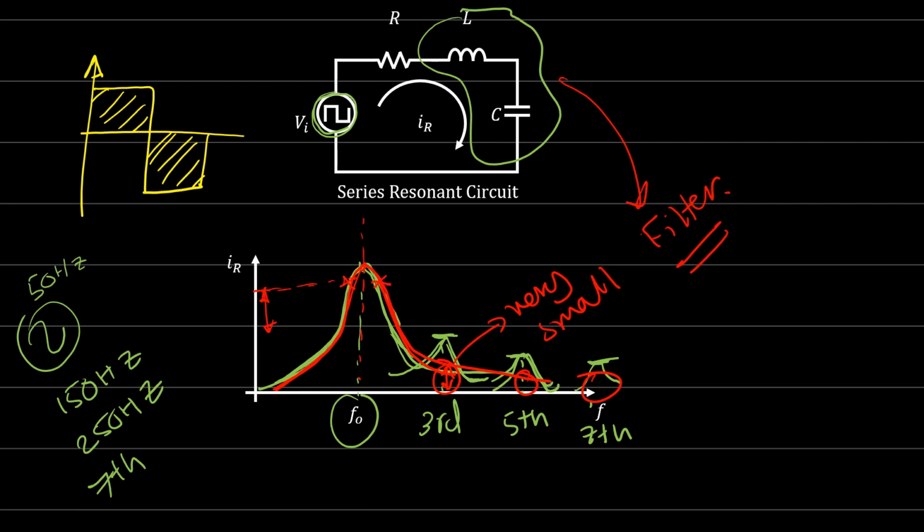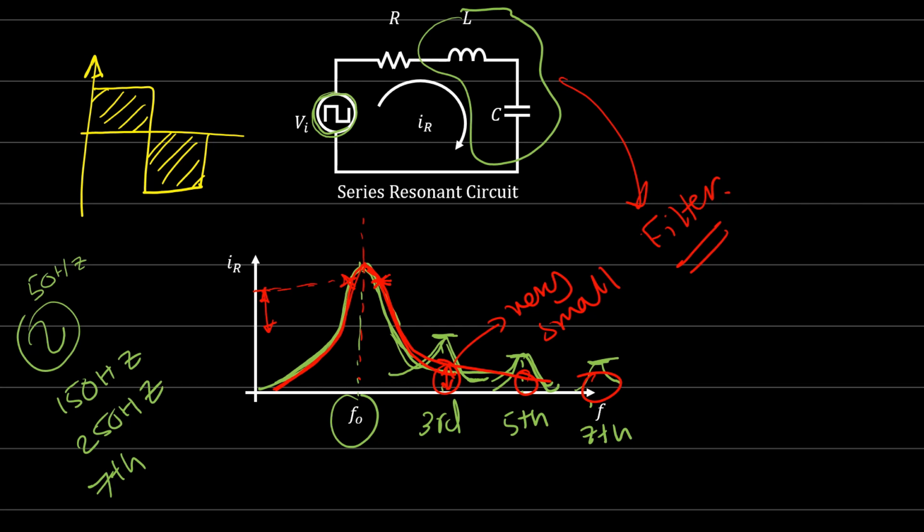By changing the frequency, you can change the current. That's very good. Now the question is, should we go for a frequency that is larger than the resonant frequency, or a frequency that is smaller than the resonant frequency? Which one is better? To increase the frequency or to decrease the frequency?